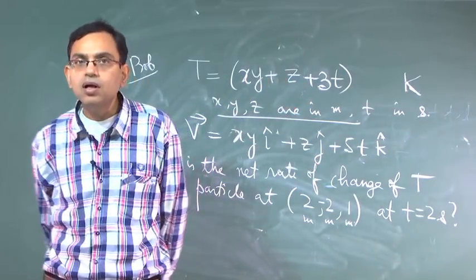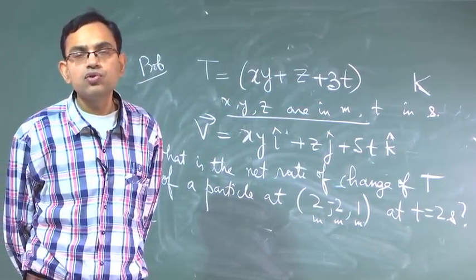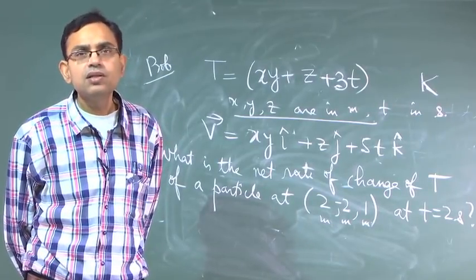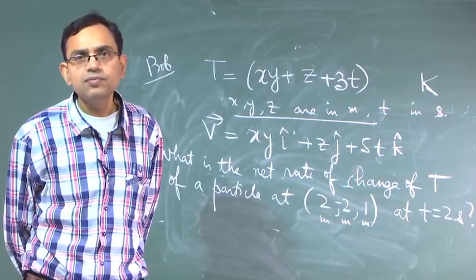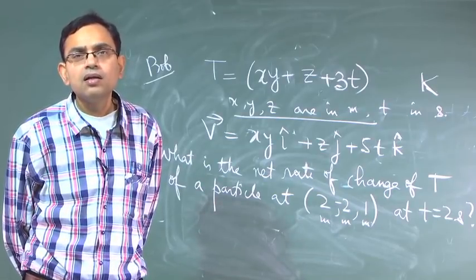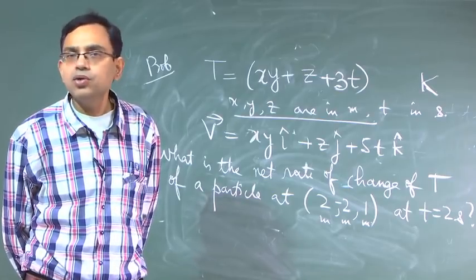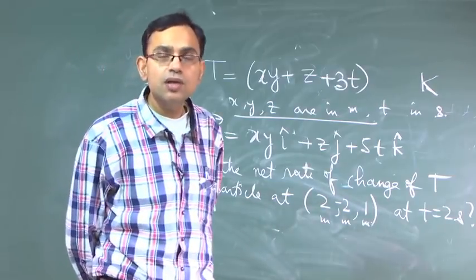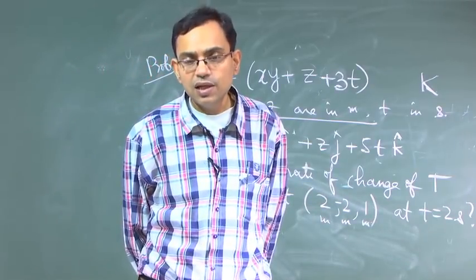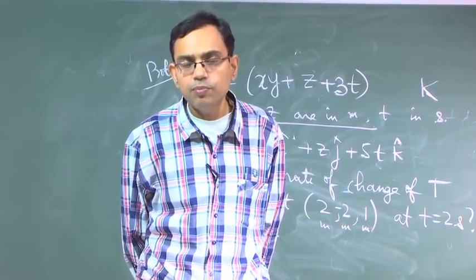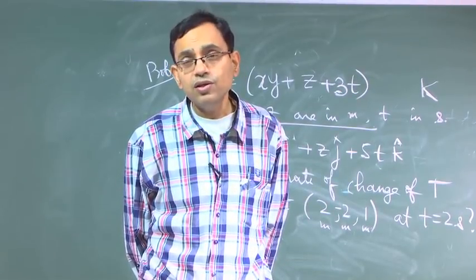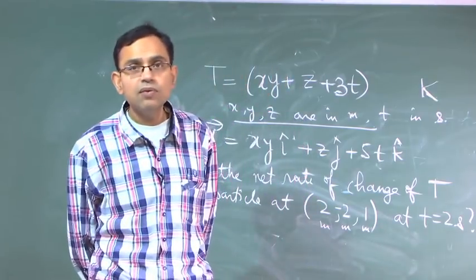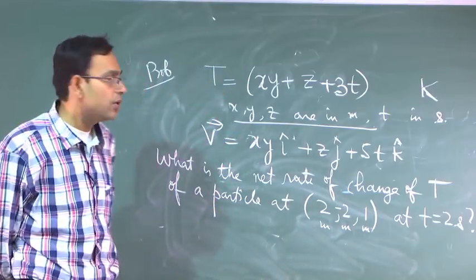Had there been no flow, the change of temperature would solely be due to the change in temperature with time at a given location, but because there is a flow, the particle will move from one point to another in the flow field, and the total change of temperature is a consequence of first the unsteady component, that is how the temperature at a given point changes with time, but also the convective component, that is how the temperature changes because of the change of position of the particle from one location to the other.